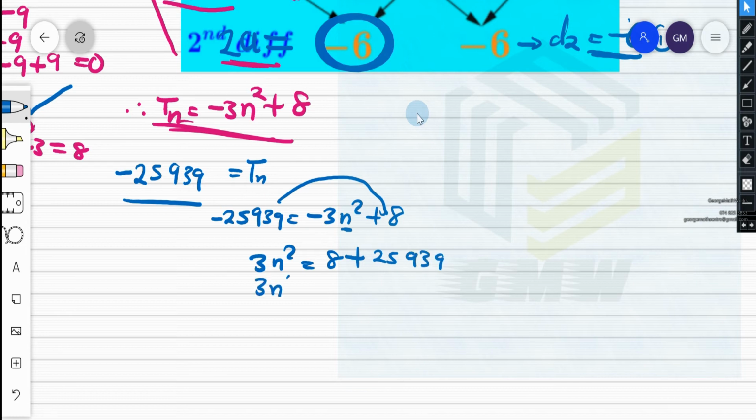Now 3n squared will be equals to, then we can go to our calculator. So if we punch our calculator, we will get that this value will be 25,947.